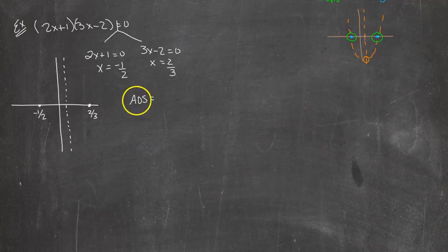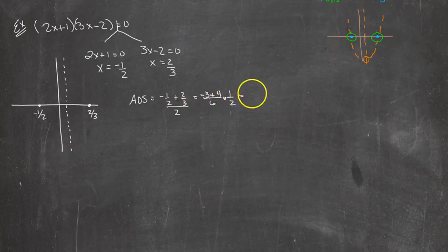So I'm going to take the axis of symmetry, which is add the 2 points. So I have negative 1/2 plus 2/3, and I want to divide that by 2. So the first thing I have to do is get a common denominator in the numerator. So negative 3 plus 2 times 2 is 4 over 6, right? Common denominator here. And then when I multiply by the reciprocal, I get 1/2 here.